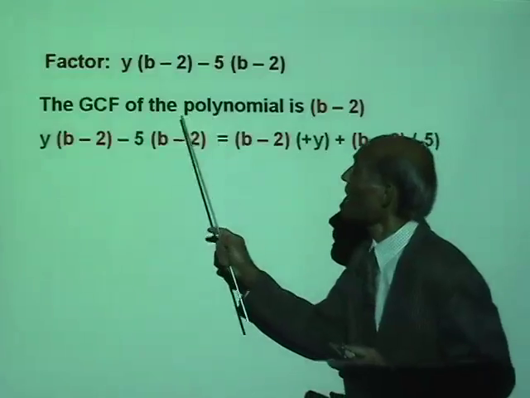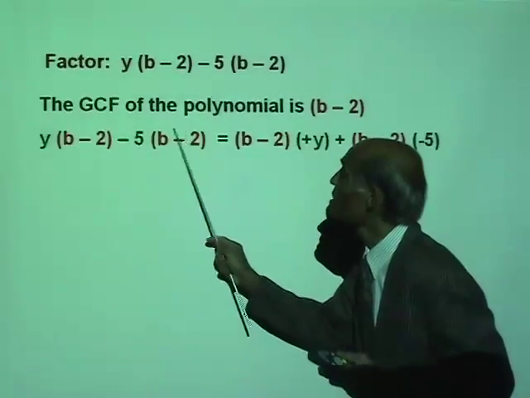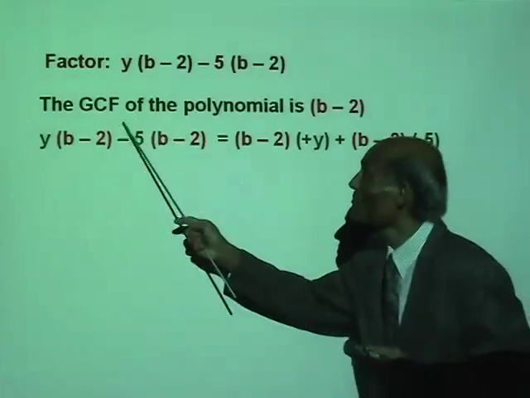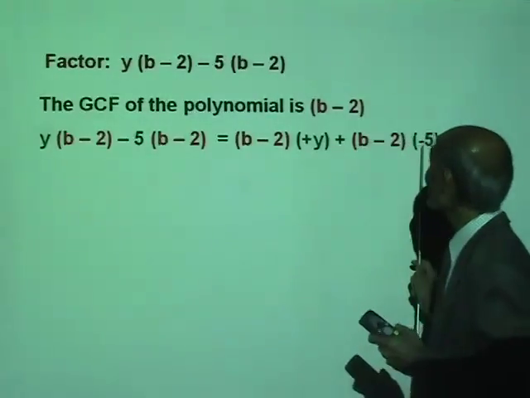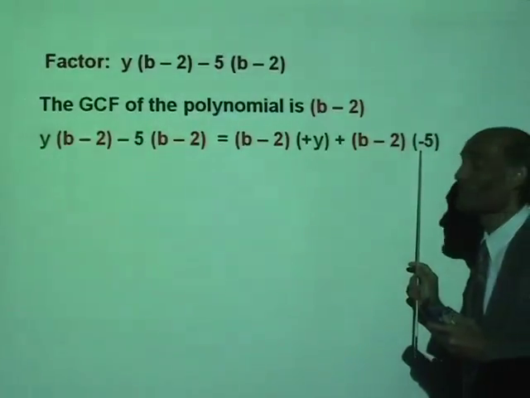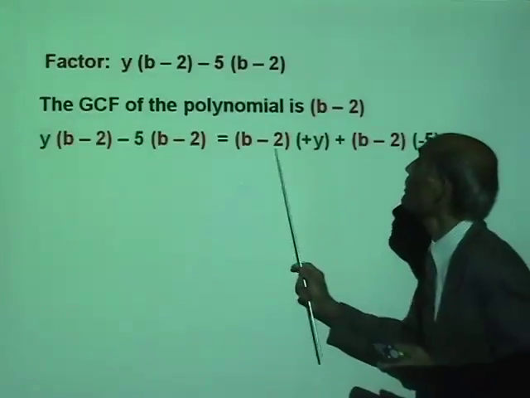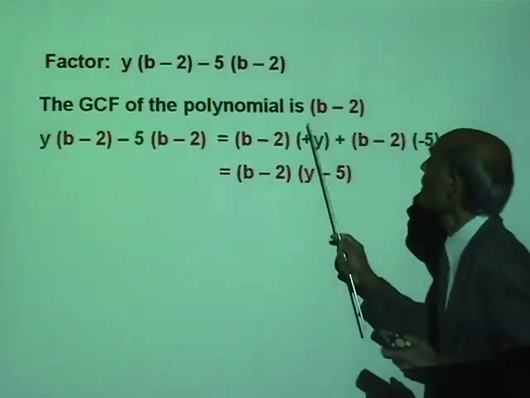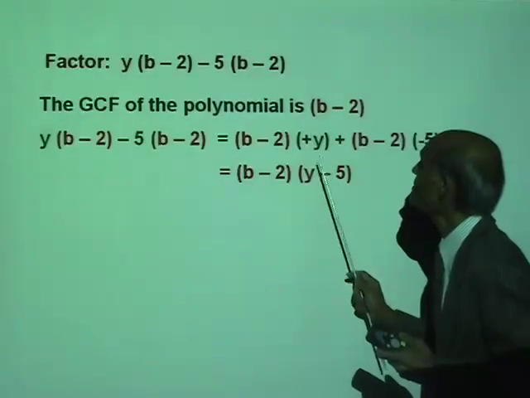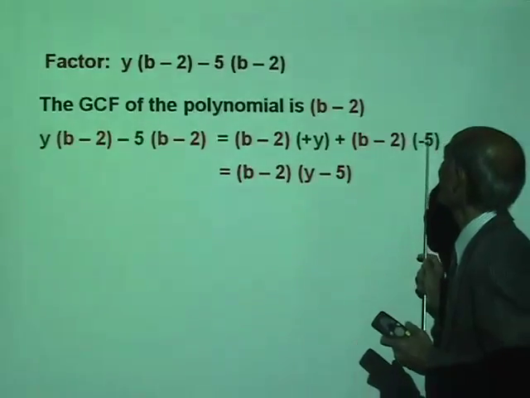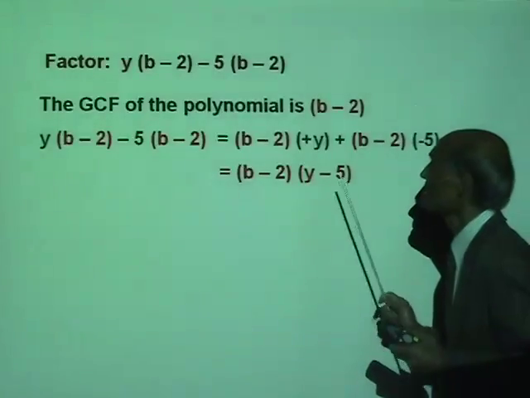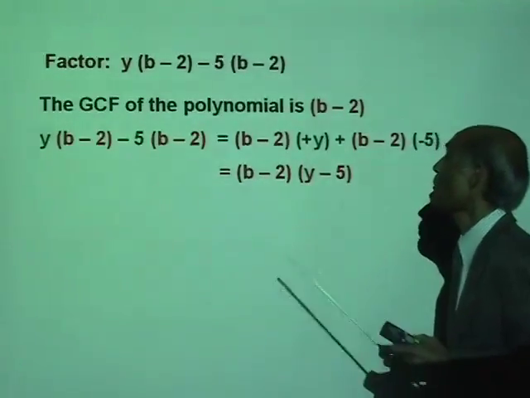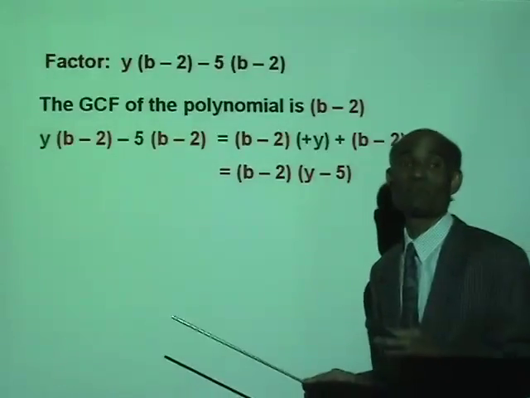After b minus 2 is pulled out from the second term, what is left there is a negative 5. So let's now pull out b minus 2. What is left in the first term is a positive y, and what is left in the second term is a negative 5. So that is b minus 2 times y minus 5.